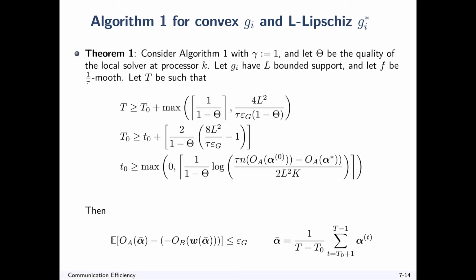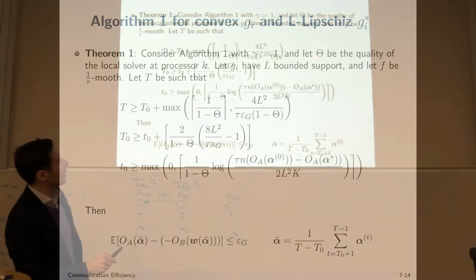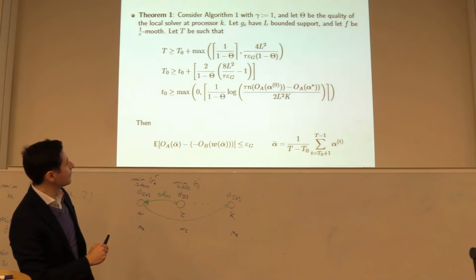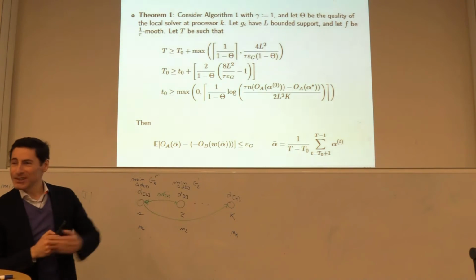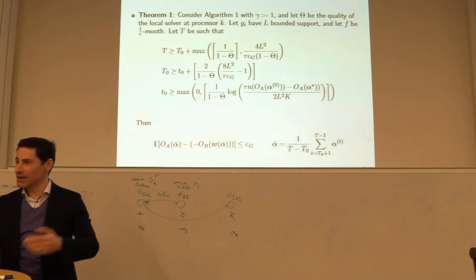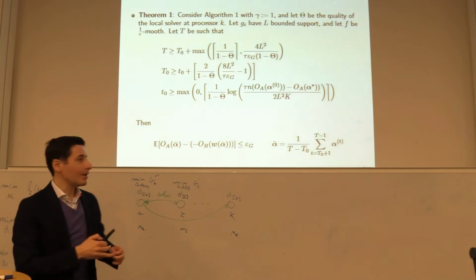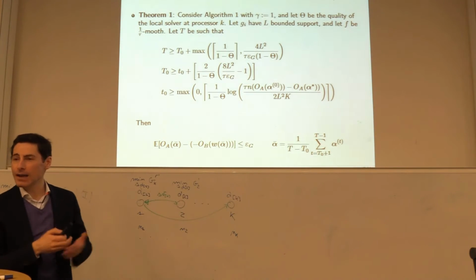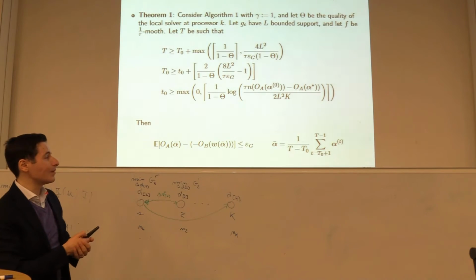Then after a certain time T that depends on this expression, and this expression depends on this expression, and finally on this expression here. After this sequence of inequalities, we know there is a capital T, after which we compute the optimal solution with a desired accuracy that we call epsilon g.